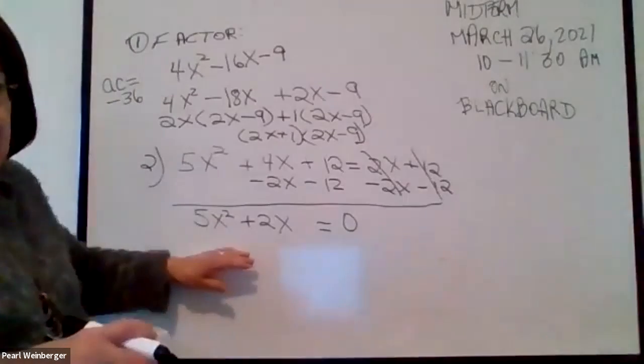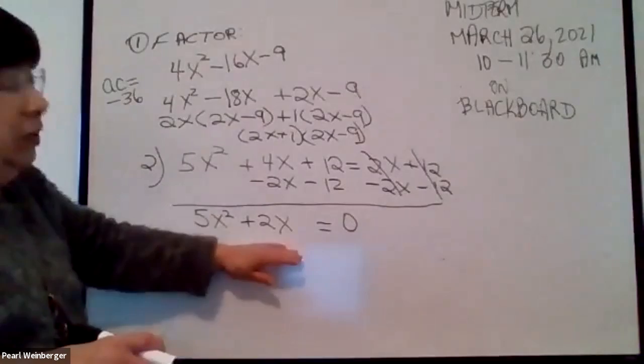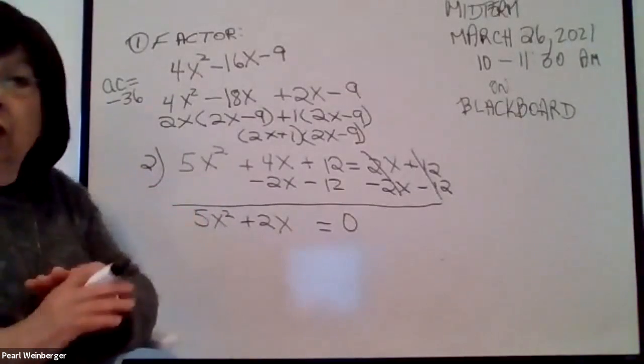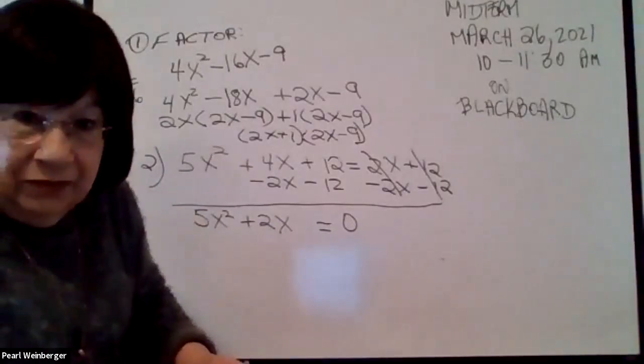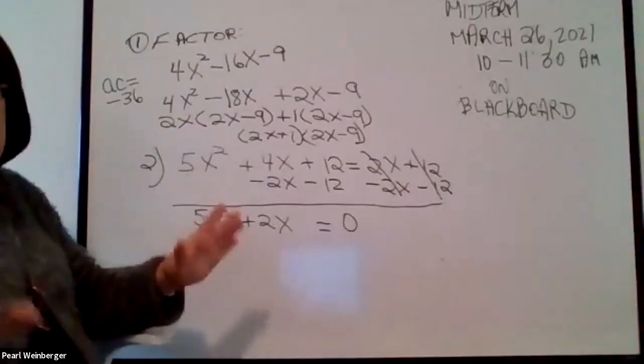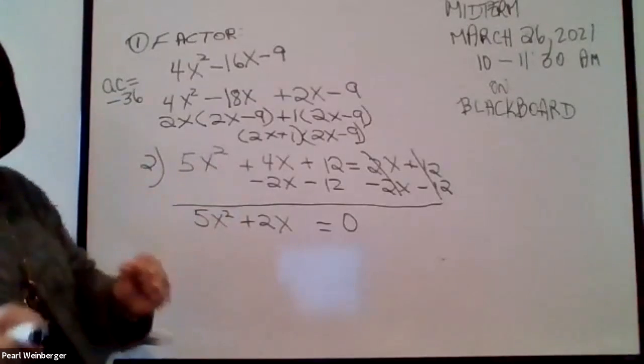Okay, I couldn't hear what you were saying, Stacia, but what we always look for is a common factor, no matter what. Right, thank you, Cheryl. Whatever factoring we're going to do, the first step is to find that common factor, if there is one.